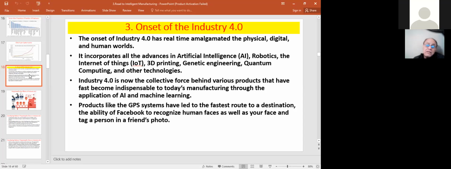But it has an adverse effect as well. We have to safeguard from the adverse effect of intelligent manufacturing. Let me go to the next slide.